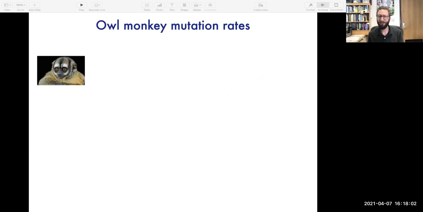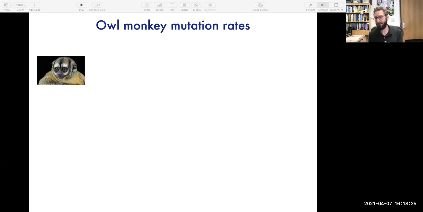So we actually started this by asking our primatologist colleague, Jeff Rogers, do you know of primates with a sequenced genome and pedigrees where we are pretty sure of paternal-maternal relationships, and we know the ages at which everyone had their kids?